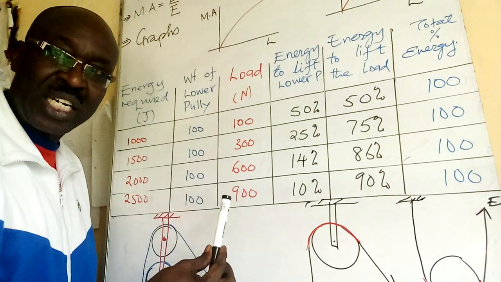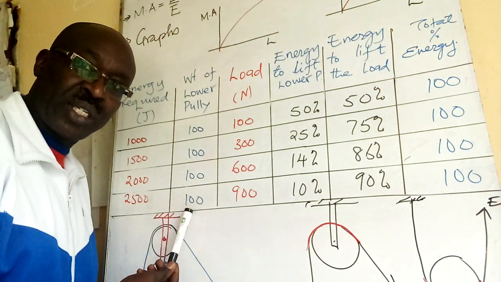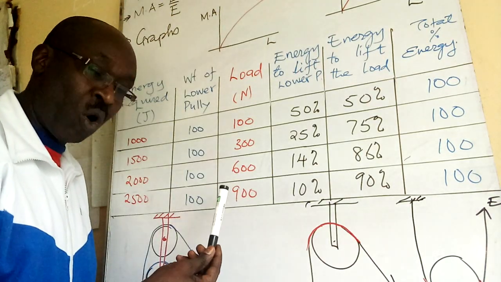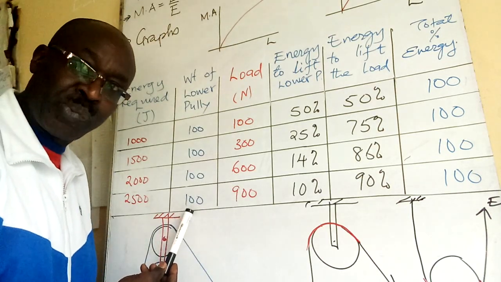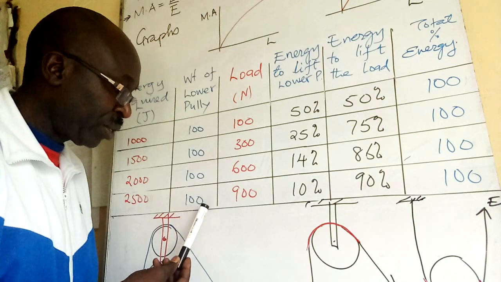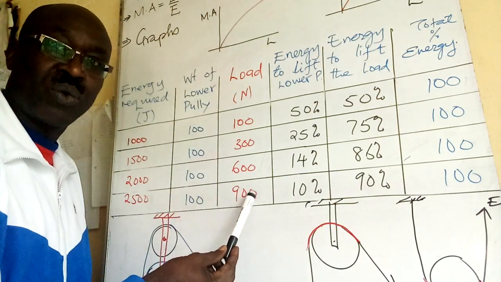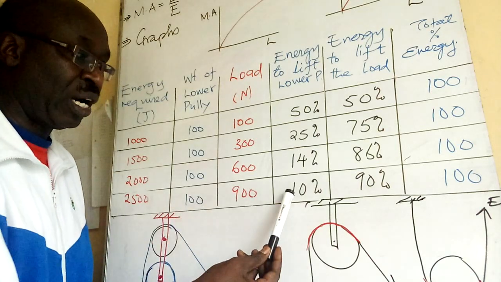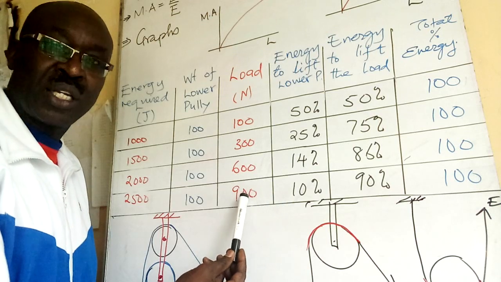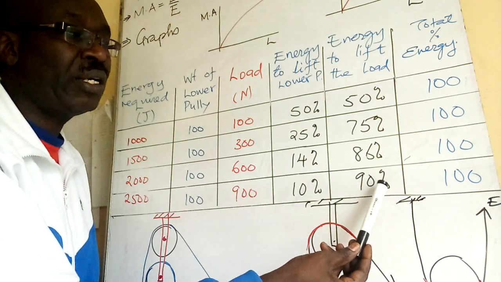So what are the percentages going to overcome the lower pulley and to overcome the load? The lower pulley, what percentage is going to overcome the lower pulley? 100 over 1,000 times 100 to get percentage, which comes to 10%. Then the part of energy to overcome the load will be 90%.